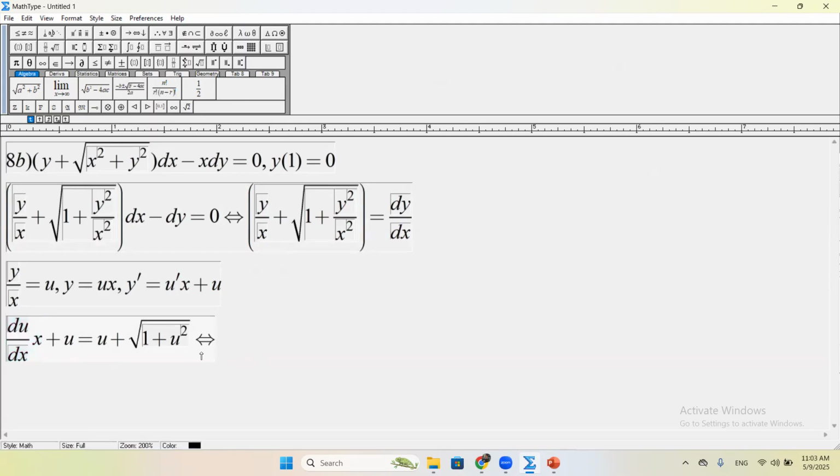So x du by dx equals this expression. So then du divided by this square root equals dx over x.